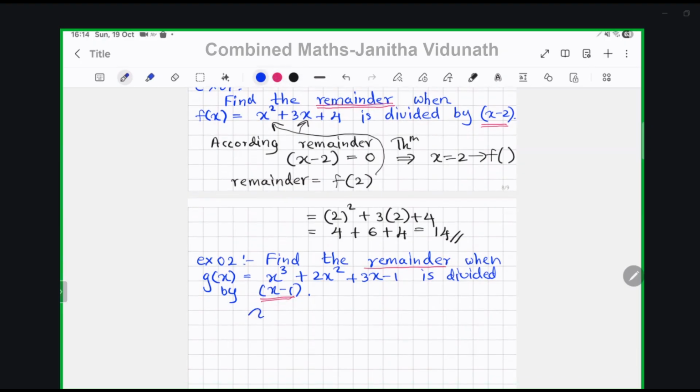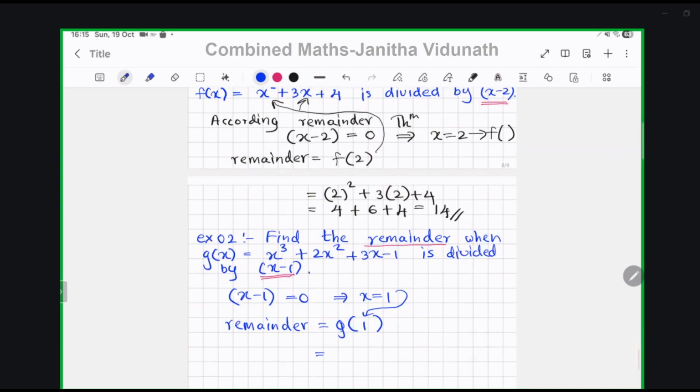Now, according to the remainder theorem, we need to set our divisor to 0. From there, we get x equal to 1. Then our remainder should be equal to g(1), since our dividend or our function is g(x) and we plug this value into g(x).